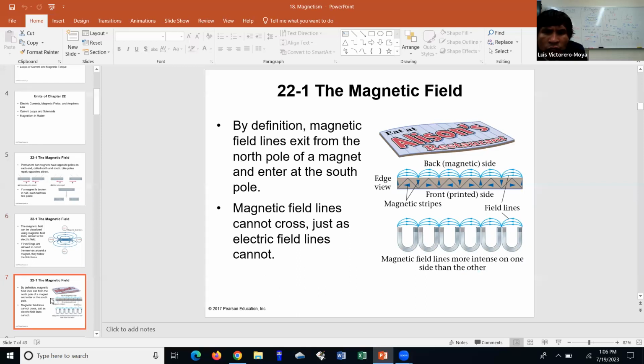Even with U-shaped magnets, as you see right now, we still follow the same idea from north to south pole. In middle school, normally you investigate this in physical science when you place a magnet at the center of graph paper, and then you can use iron filings and easily trace and map these magnetic field lines.